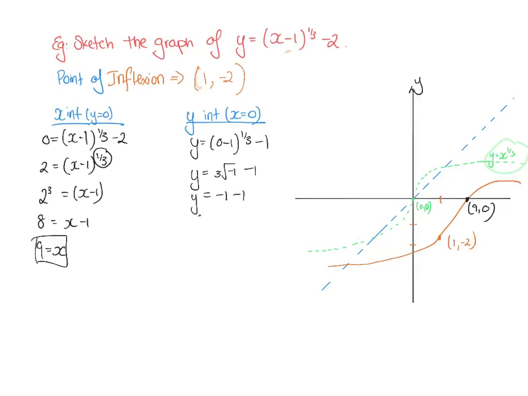And then you've got another minus 2. Sorry, that should be minus 2. And so your Y intercept ends up being minus 3. So you can see here we've got 0 and minus 3. And we pop that on our graph.